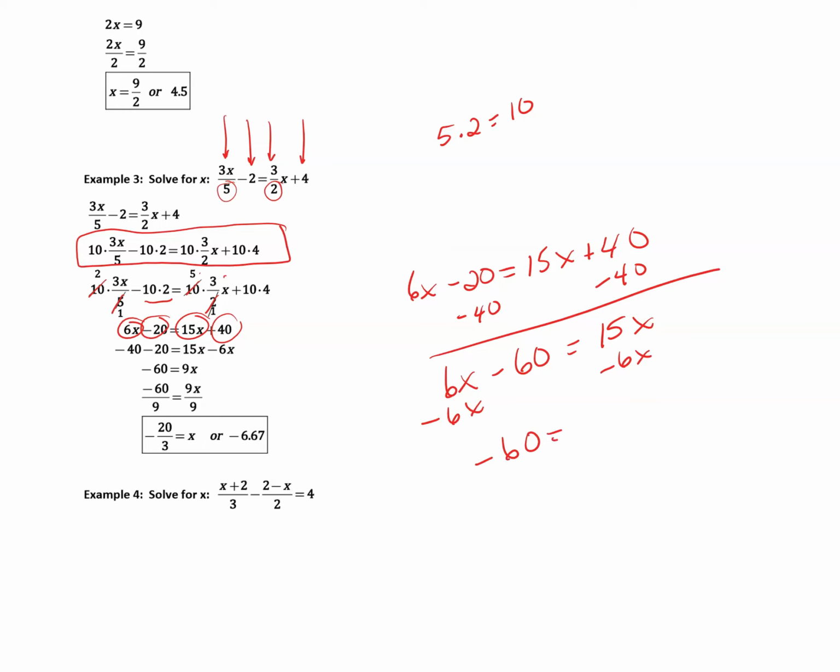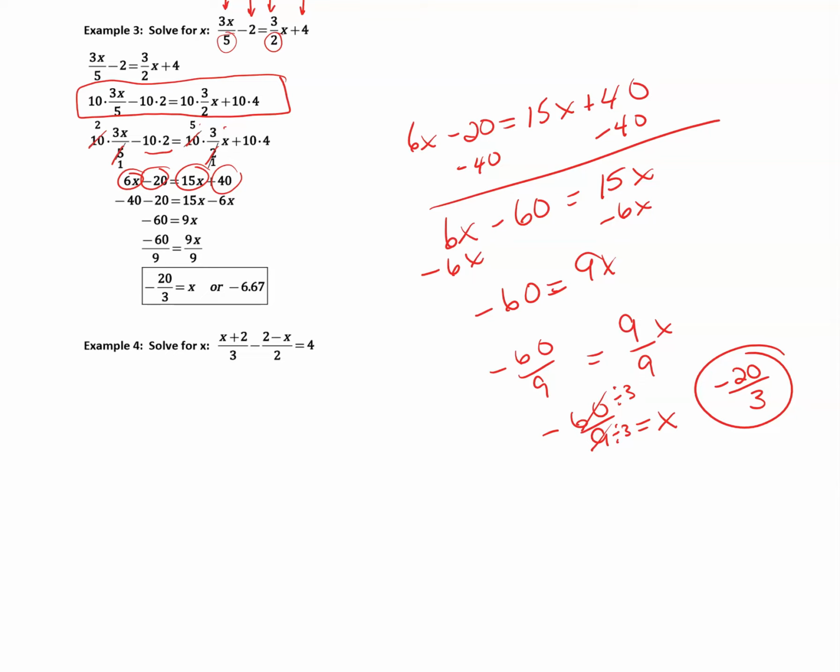So I get a negative 60 is 9x. Then finally I'll divide by 9 on both sides, and I get x is equal to a minus 60 over 9. And then these will both divide by 3. So I get a negative 20 over 3.